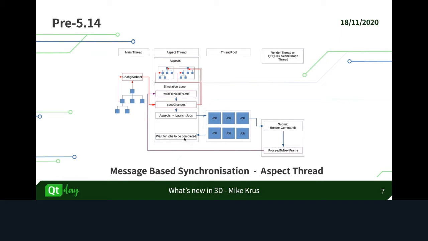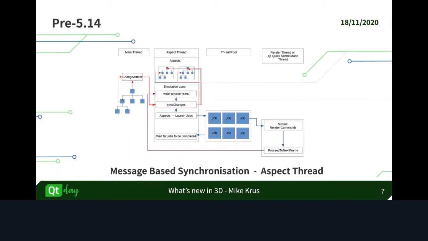So basically here we have lots of threads: there are three principal threads, the main thread, the aspect thread, and the rendering thread, plus all the threads on the thread pool. And then we have lots of messages that go between the threads in order to propagate the changes of properties.